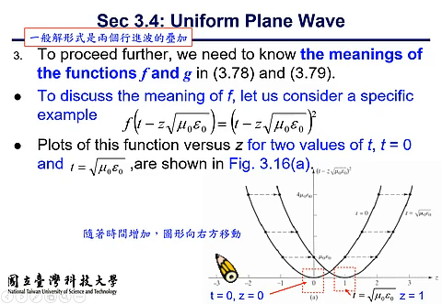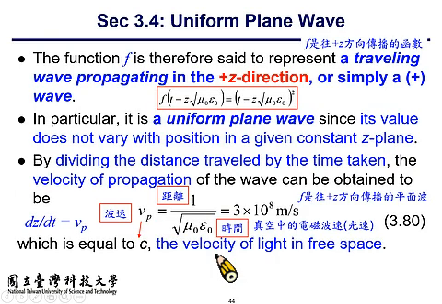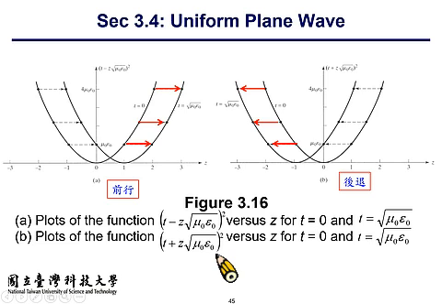Therefore, if we want to make an example for the g function, we can simply replace t minus z with t plus z, so that the parabolic curve moves to the left instead for the g function.